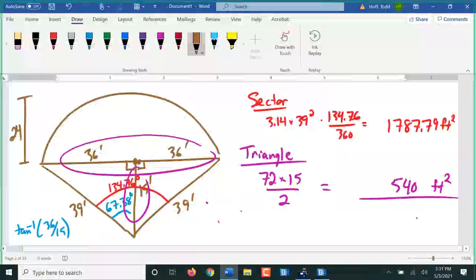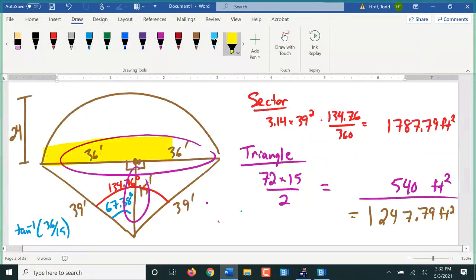We subtract. This area here of the segment is 1,247.79 square feet.